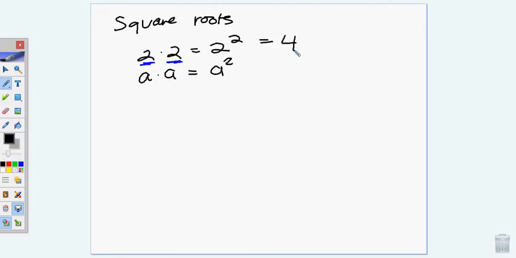So if I ask you to take a square root of 4, okay, we use that radical sign. What I'm looking for you to do is find what number, when multiplied by itself, equals 4, right? And so we can see, of course, from up here that it's 2, and so this becomes 2.